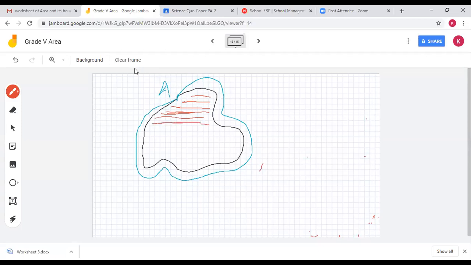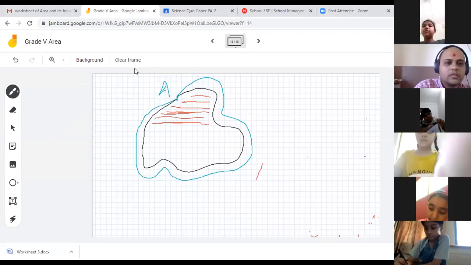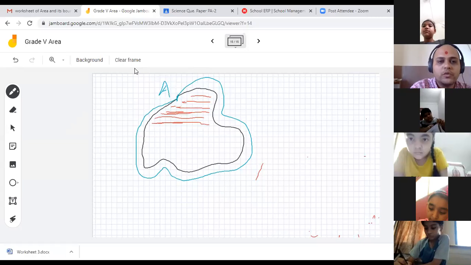Now in your notebook, it will be bigger and it will be better. So we have to count all those whole squares.